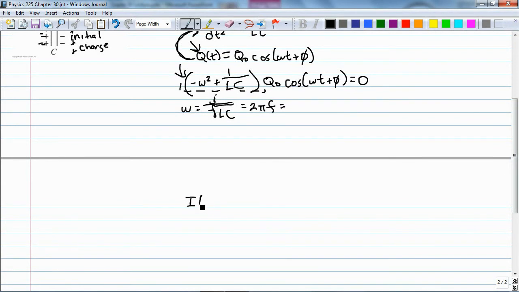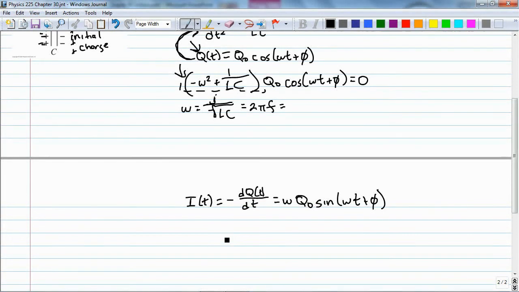And the current as a function of t is equal to negative dq(t)/dt, and this negative is because the current is reducing, and that's going to be equal to omega Q naught sine of (omega t plus phi).